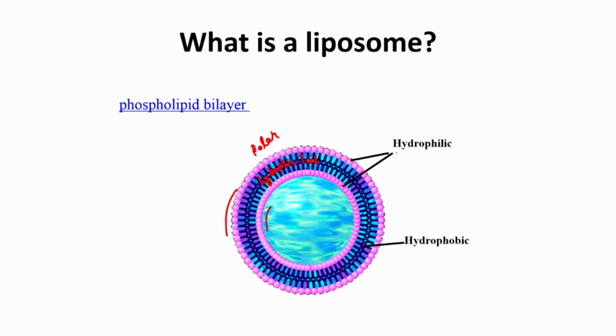Because the polar group is outside as well as inside, you have hydrophilic moieties interacting with the external water as well as the internal water, and then you have a hydrophobic domain which is sort of hidden in between these two hydrophilic domains.